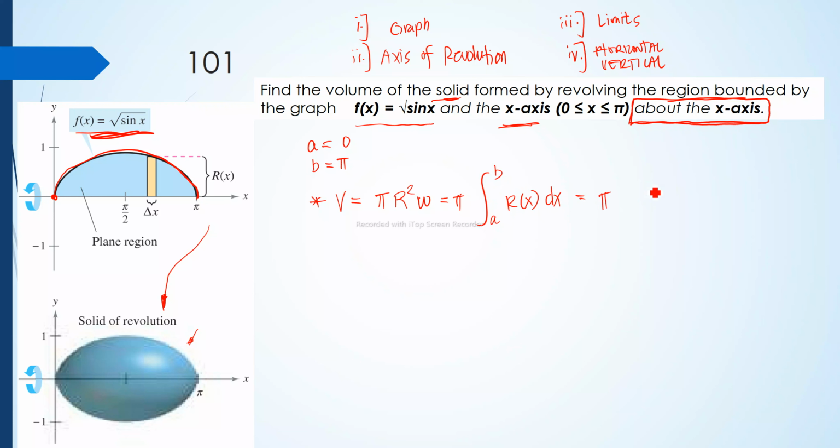Simply, pi times the integral of r of x, the function represented by this curve, which is the square root of sine x, squared, dx from 0 to pi. So that is easy, we will have pi times the integral of sine x from 0 to pi dx.